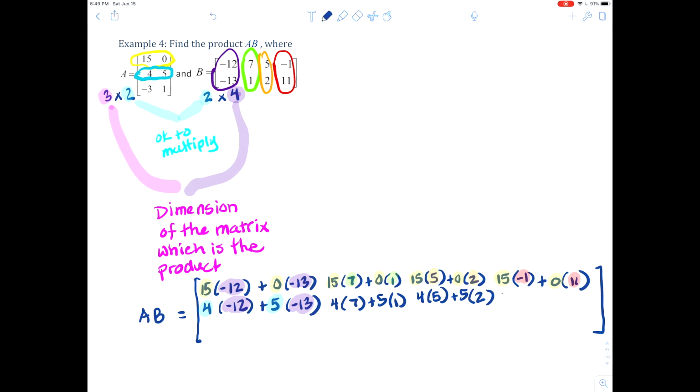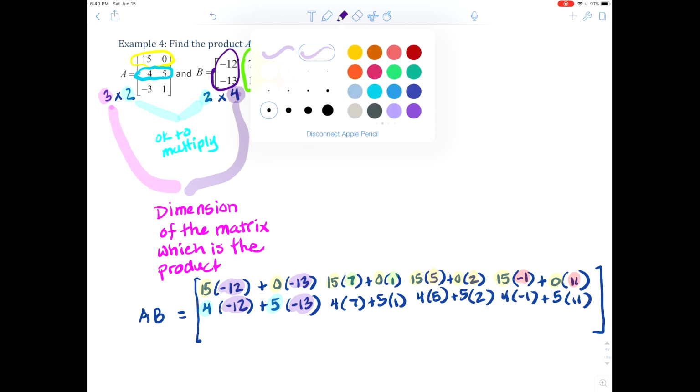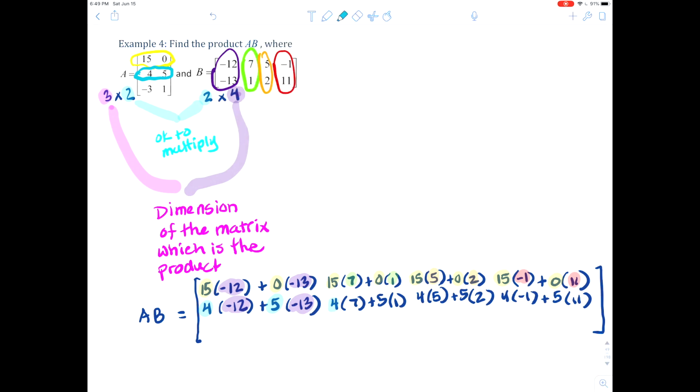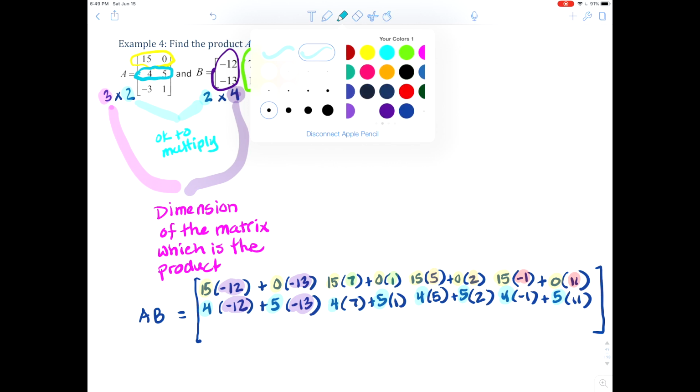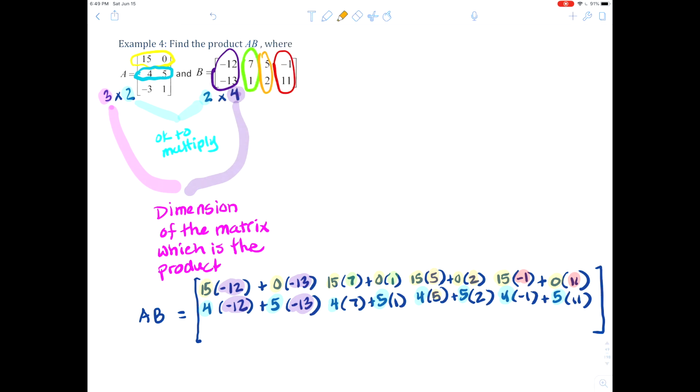And we'll have 4 times -1 plus 5 times 11. So these are what we used from matrix A in the second row. And then our columns are this one here.